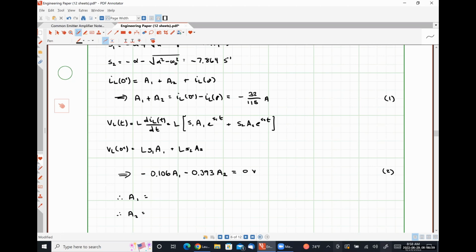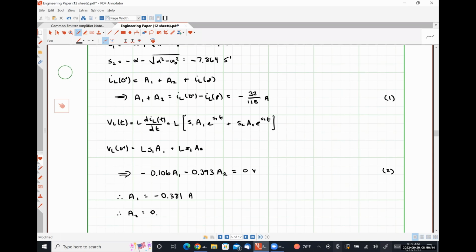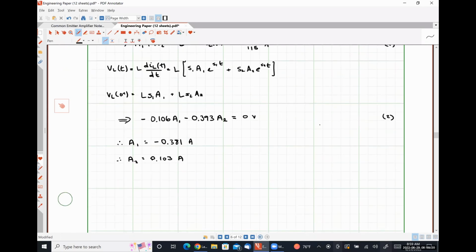My coefficient for A1 in my second equation is negative 0.106, which I have stored in my calculator as A. My coefficient for A2 is negative 0.393, which I have stored in my calculator as B. And my constant term is 0. Solving this, I get negative 0.381 amps for coefficient A1 and positive 0.103 amps for coefficient A2.